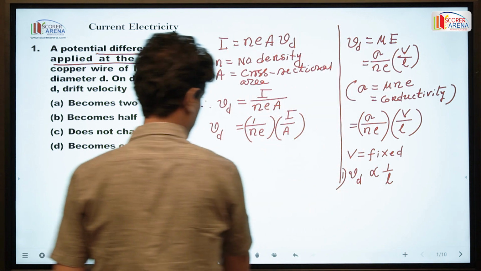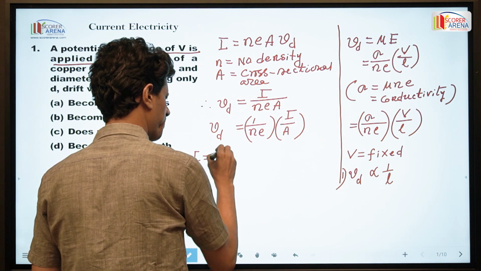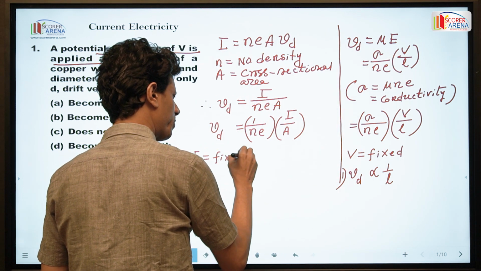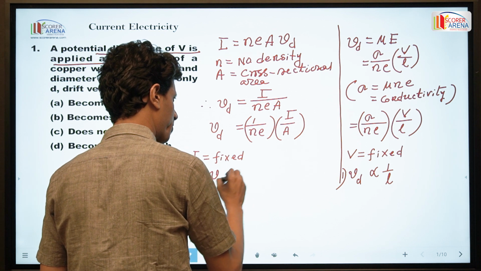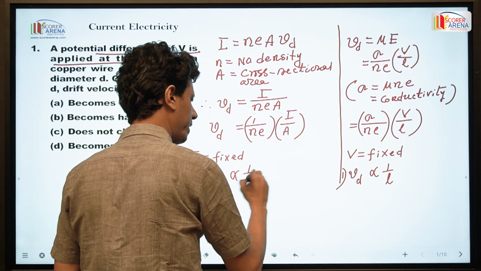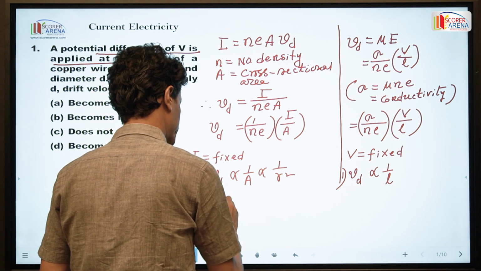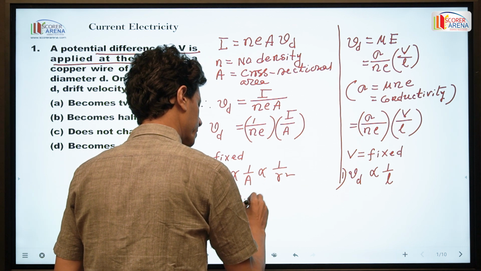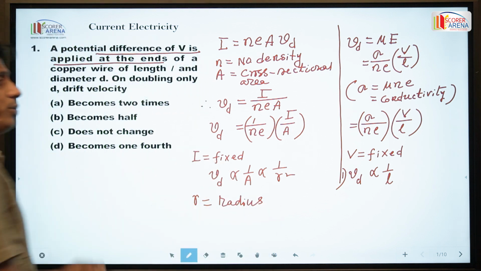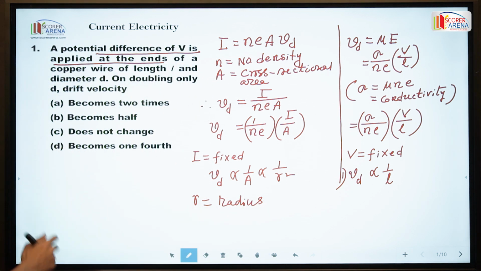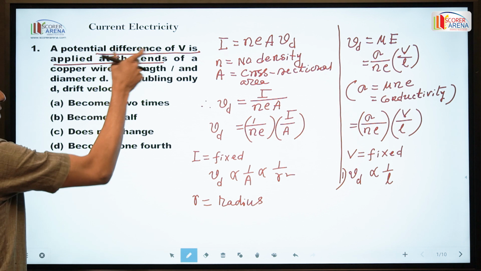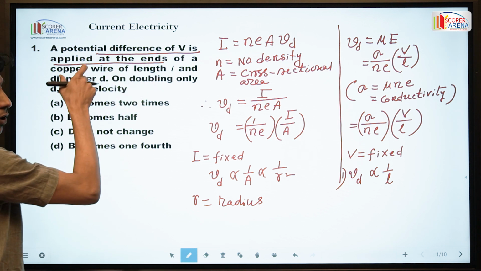When the current is fixed, then vd is proportional to 1 by A, and it is 1 by r square, where r is the radius. So here the potential difference V is applied at the ends of the copper wires.